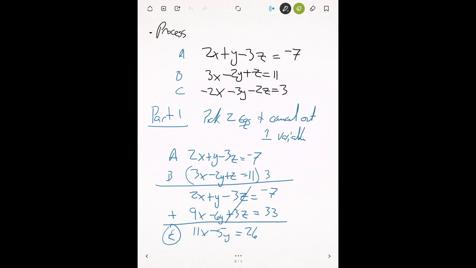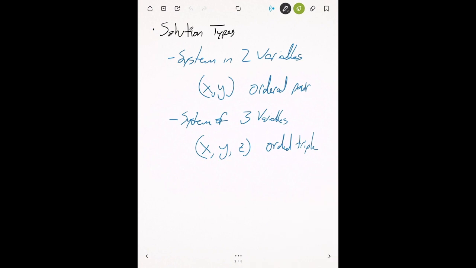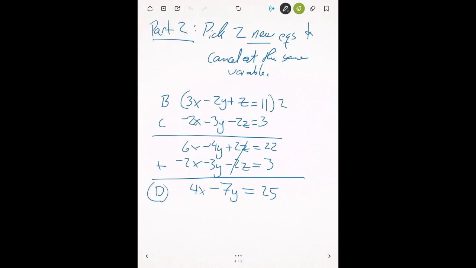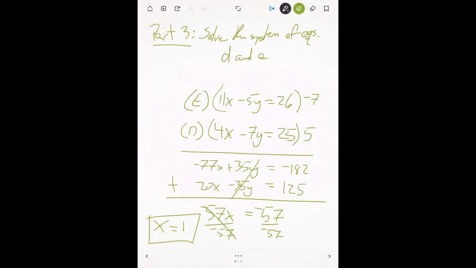But don't forget, we need to find not just x, but also y and z. So we started by taking all this work in the blue, working with these two larger equations to get a system of two smaller two-variable equations. Then we solved that two-variable system to find x equals 1. So what we now have to do is figure out what y and z are.